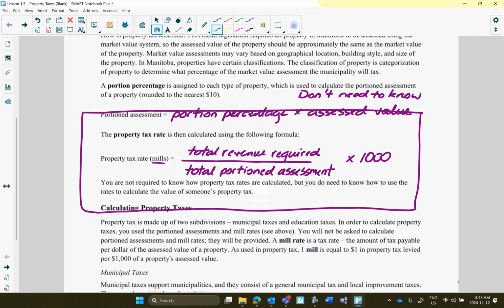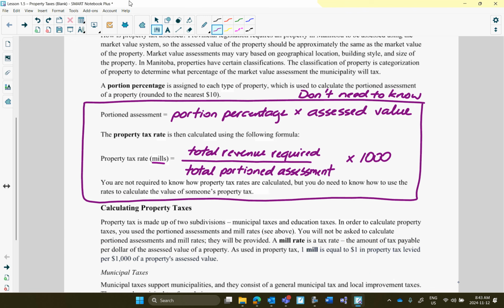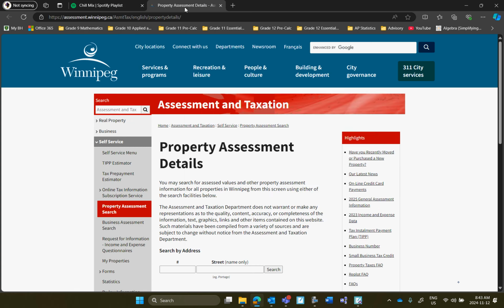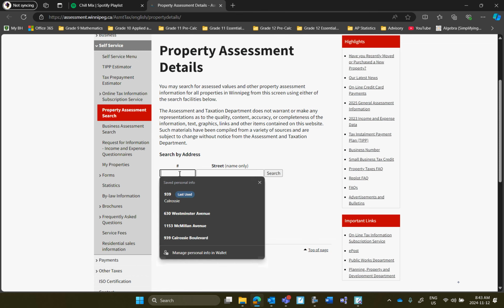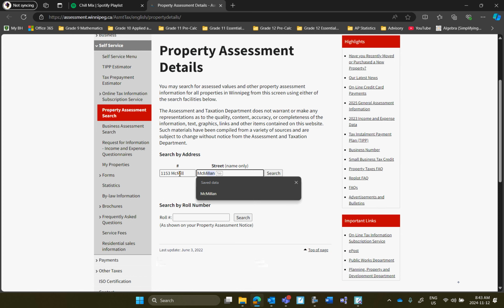So just as an example, and you can find this, whoa, what happened there? If you Google Winnipeg property tax assessment, you can find out the market value of your home. So for me, and yes, if I type this in, you'll know where I live.